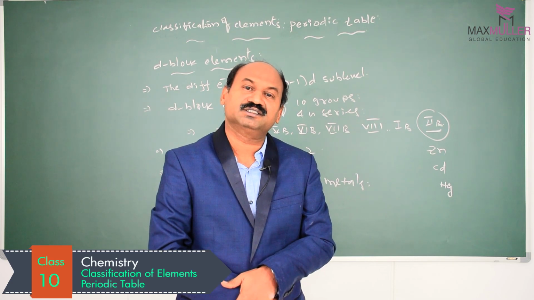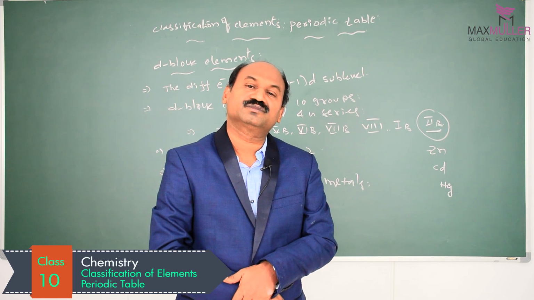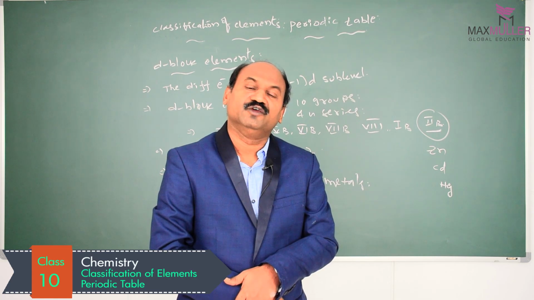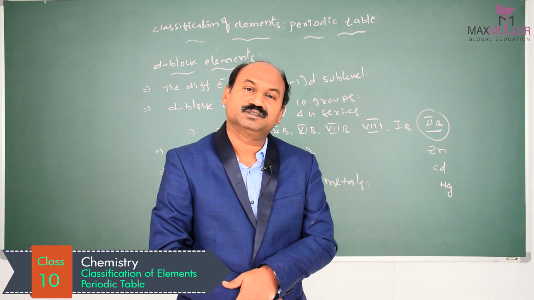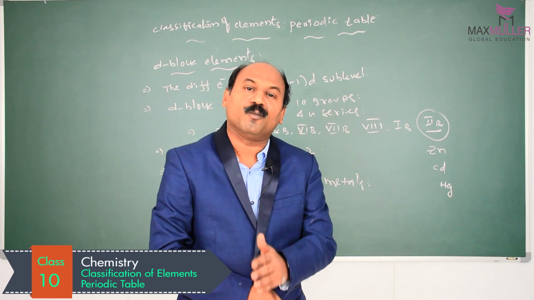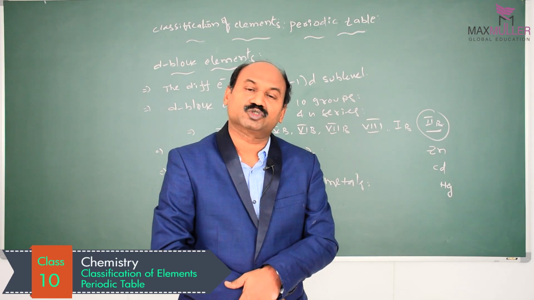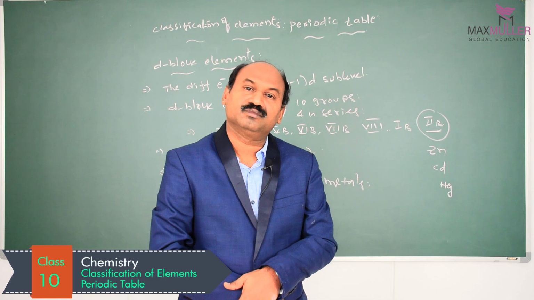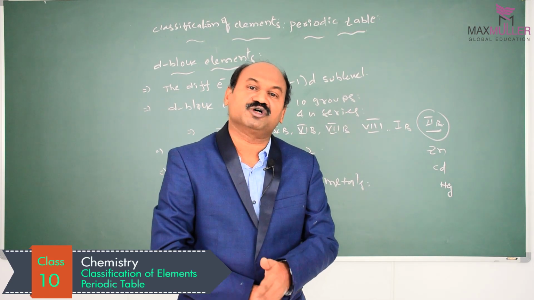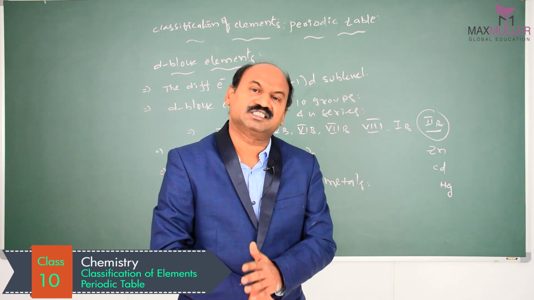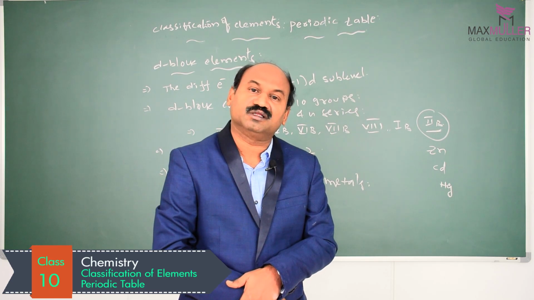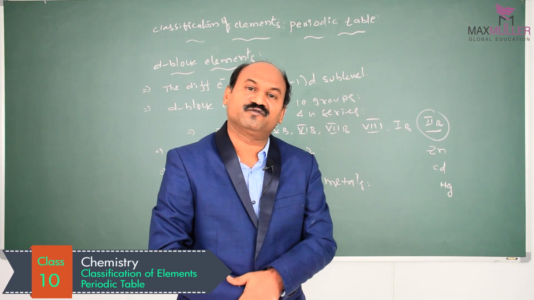Brass is an alloy of copper and zinc. Bronze is an alloy of copper and tin. The d block elements also form complex compounds and interstitial compounds. So all these are the characteristic properties of d block elements.